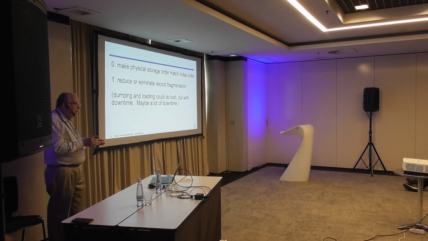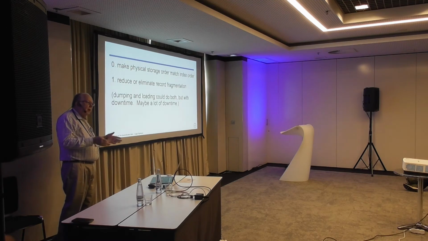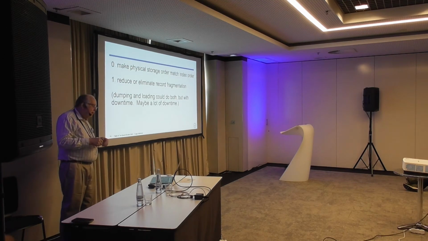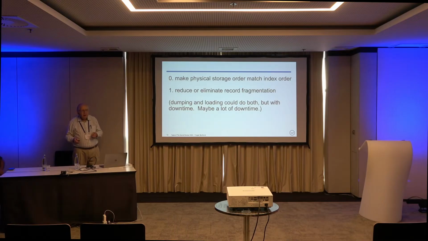But sometimes you get fragmentation of small records that would fit in a block, but because of the way the space gets allocated, they end up becoming fragmented, or the update causes them to fragment after they've been created. And the table reorg can eliminate that type of fragmentation.